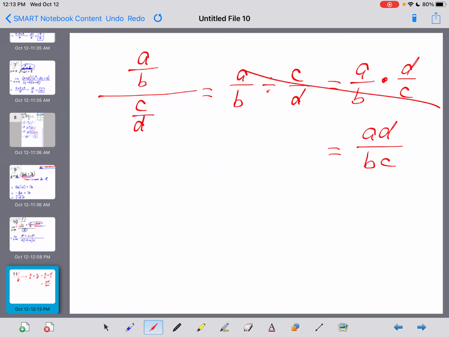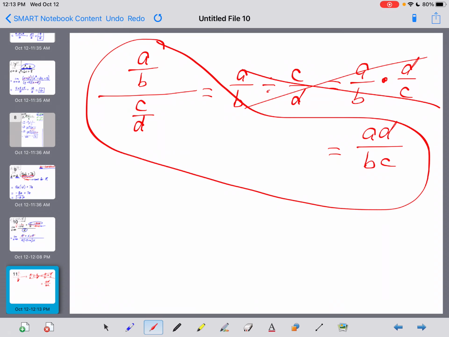Now, if we ignore all of this junk and focus on how to go from here directly to here, let's take a look at what you see. The a, which is the numerator of the numerator, and the d, which is the denominator of the denominator, end up together in your numerator. And then the b and the c in the middle, b being the denominator of the numerator, and c being the numerator of the denominator, work together and end up in the denominator of your fraction. I'm sure that made total sense.